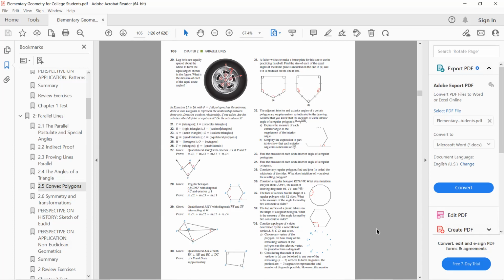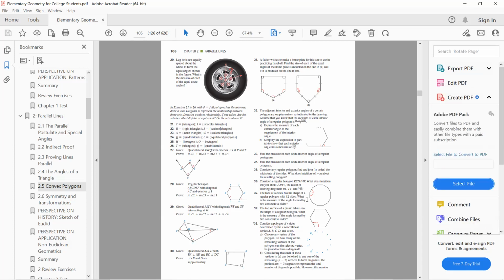So they would both be in the universe of polygons, but they would be what we call disjoint sets. So the hexagons wouldn't overlap the octagons at all. Hexagons have 6 sides and octagons have 8, so they don't overlap.